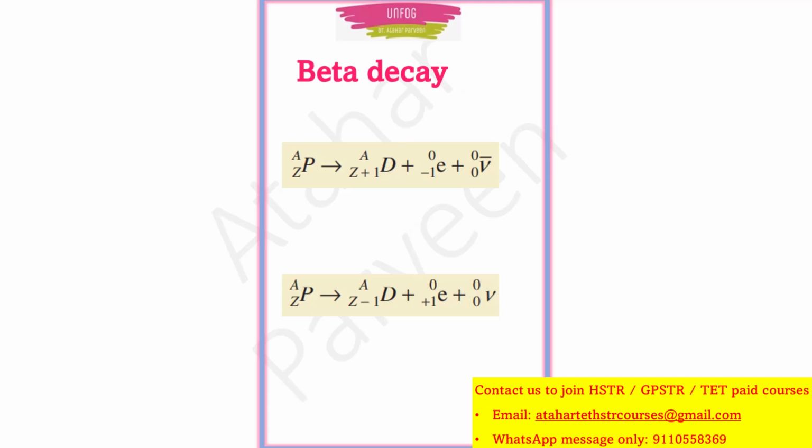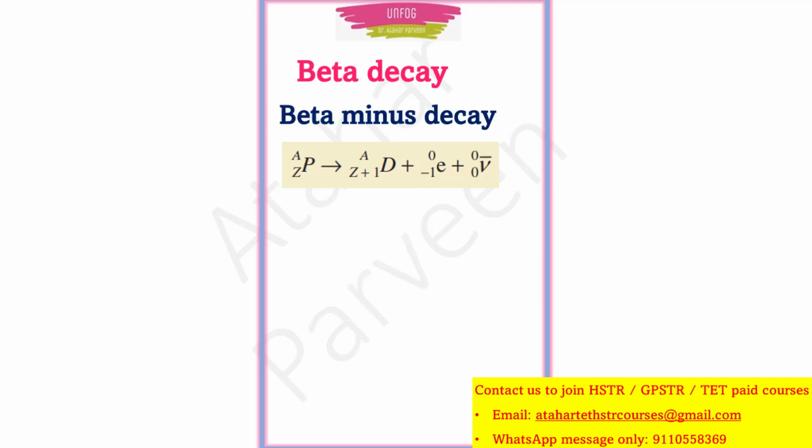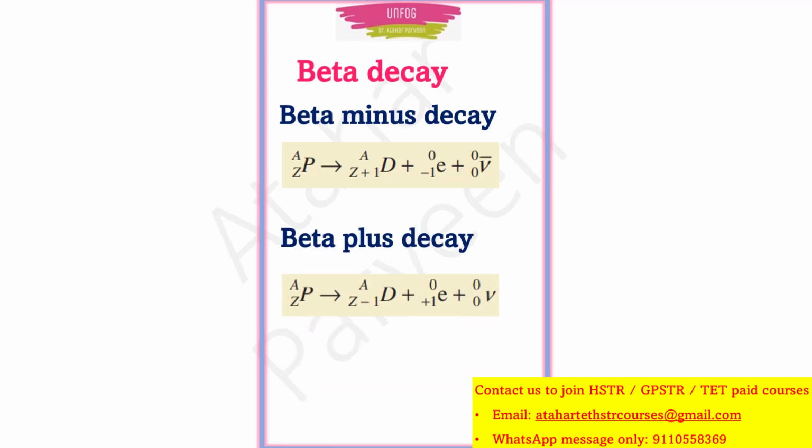If it is a beta decay, two types of beta decay can happen. One is where an electron and an antineutrino are emitted, and the other where a positron and a neutrino are emitted. The first is known as beta minus decay, and the second as beta plus decay.